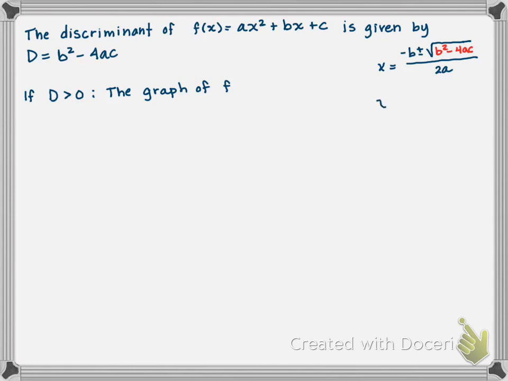So if you have a positive number under the radical, how many different solutions will that formula give you? 2, right? You get one by adding and one by subtracting. So the graph of f has two x-intercepts.